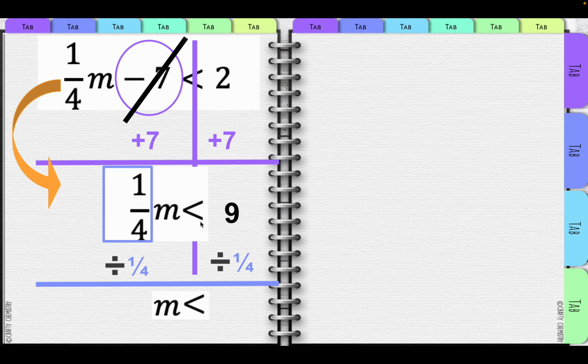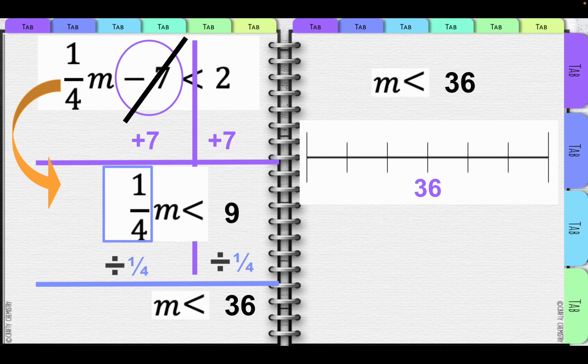I bring my inequality symbol straight down. 9 divided by 1/4 is 36. Feel free to use a calculator for that one. All right, so to graph this, we put 36. We label it on our number line, 1 to the left and 1 number to the right. Our circle goes on 36, and then we color in what is true.